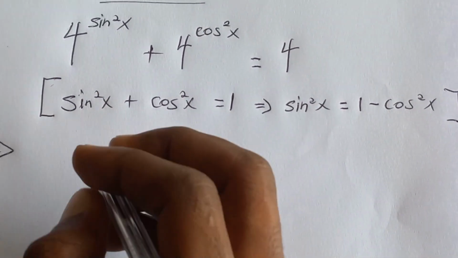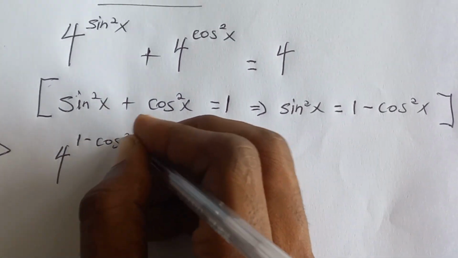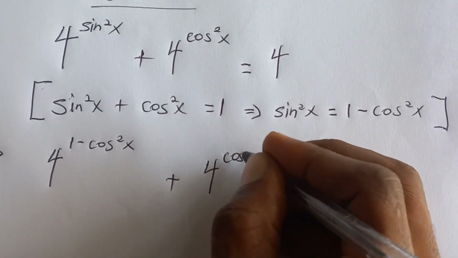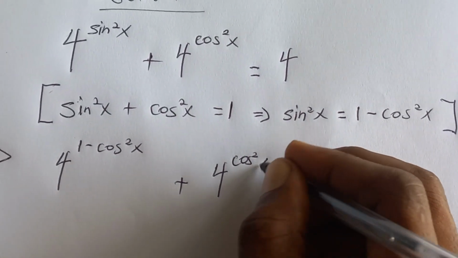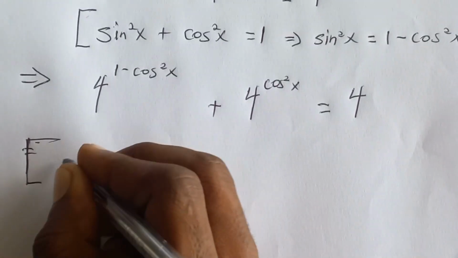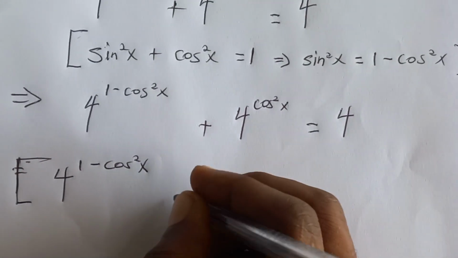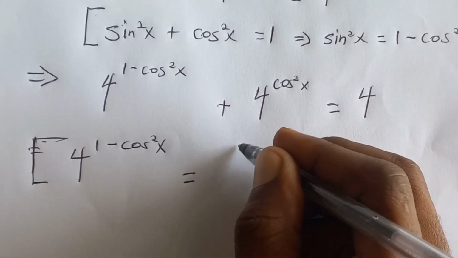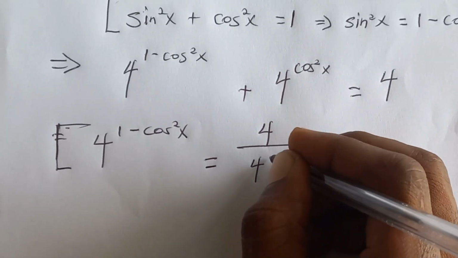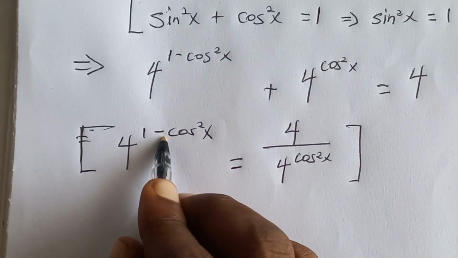So our equation now becomes 4 exponent 1 minus cos squared x plus 4 exponent cos squared x, which is equal to 4. 4 exponent 1 minus cos squared x, we can express as 4 on 4 exponent cos squared x, because of this negative here.